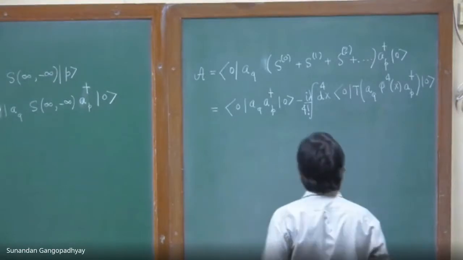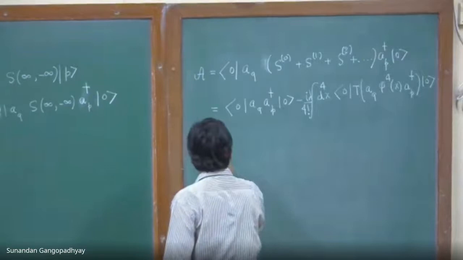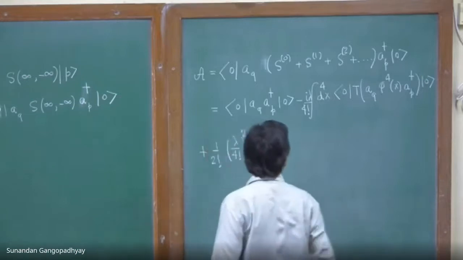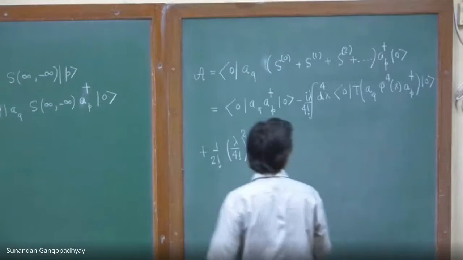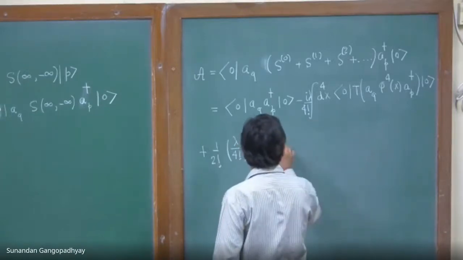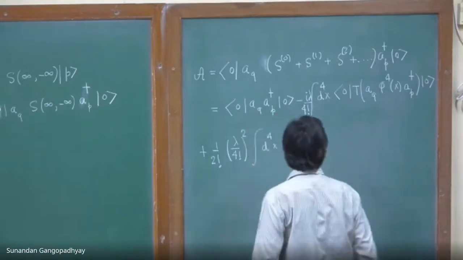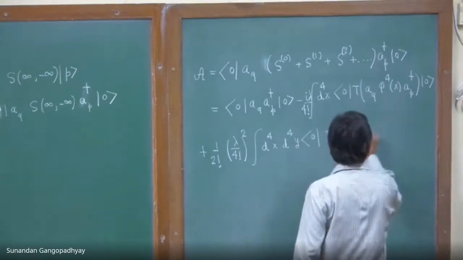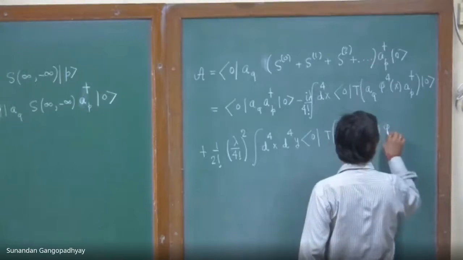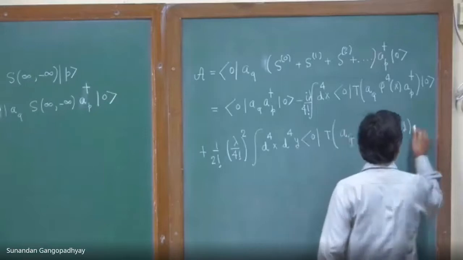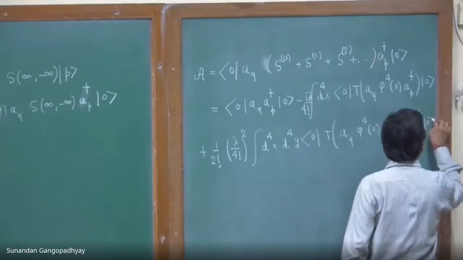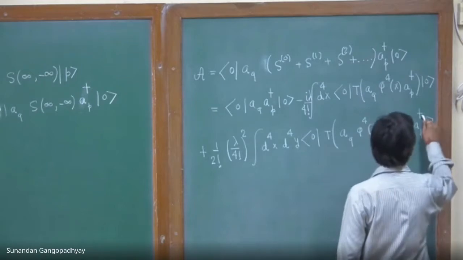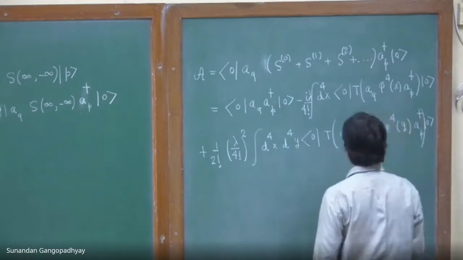And then we have the third term, basically 1 by 2 factorial, then we have lambda by 4 factorial whole square, then we have d4x, d4y, and so on.